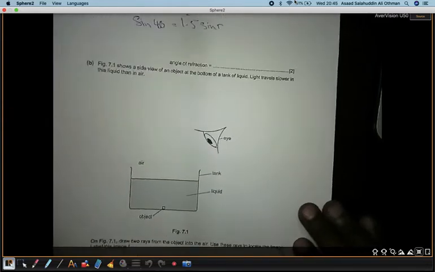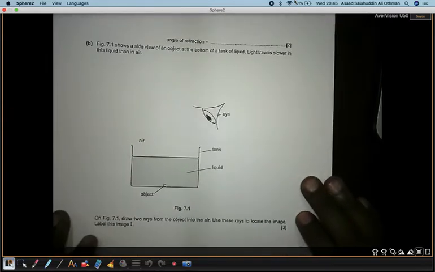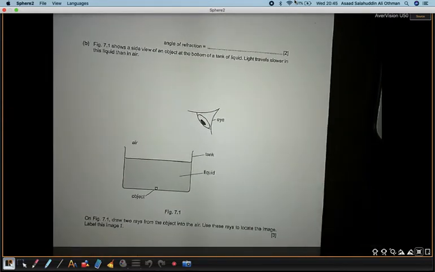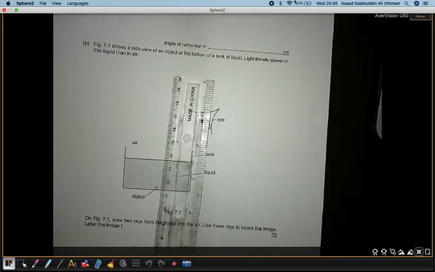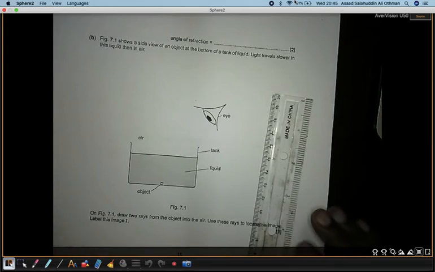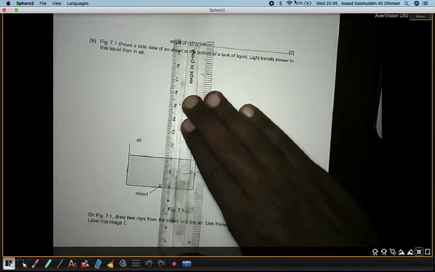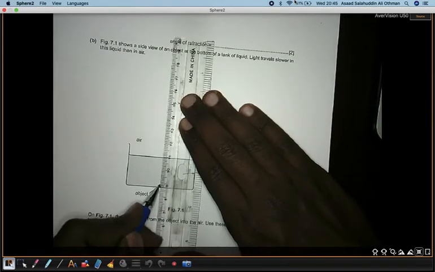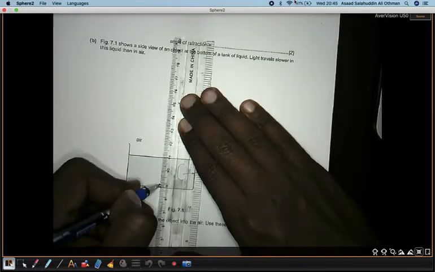The next question is about real and apparent depth. To find the position of the image, you need to draw 2 rays. The first ray goes directly to the outside.